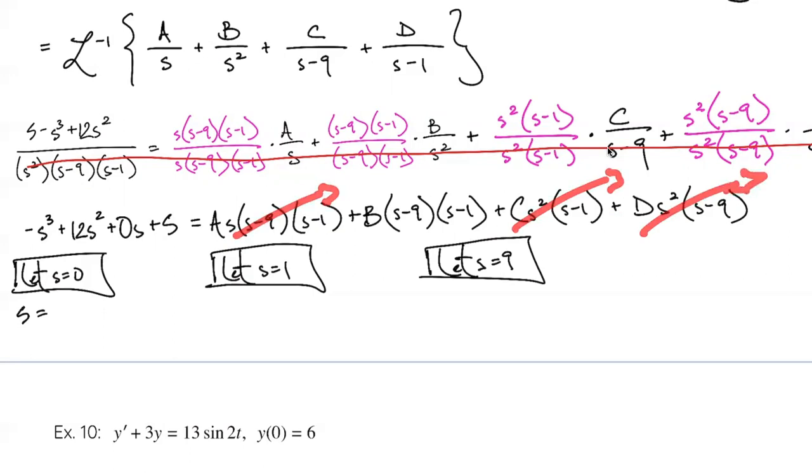So the only thing I really will have left is b times -9 times -1. I'll end up with b equals 5/9.